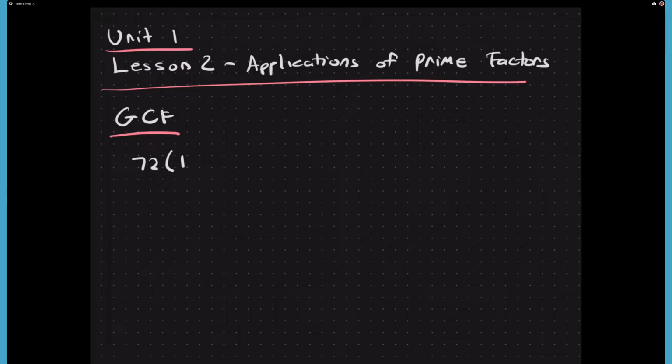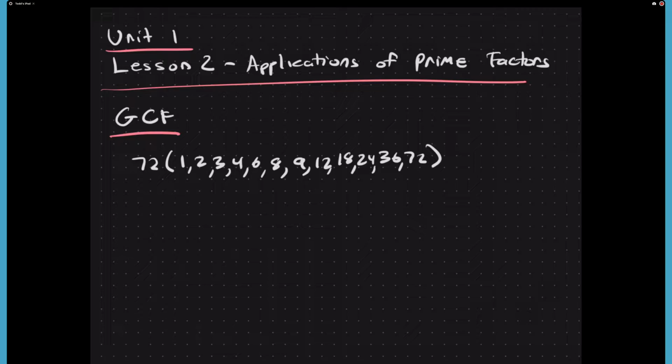And that happens to be 1 times 72, 2 times 36, 3 times 24, 4 times 18, 6 times 12, and 8 times 9. So the factors of 72 are 1, 2, 3, 4, 6, 8, 9, 12, 18, 24, 36, and 72.